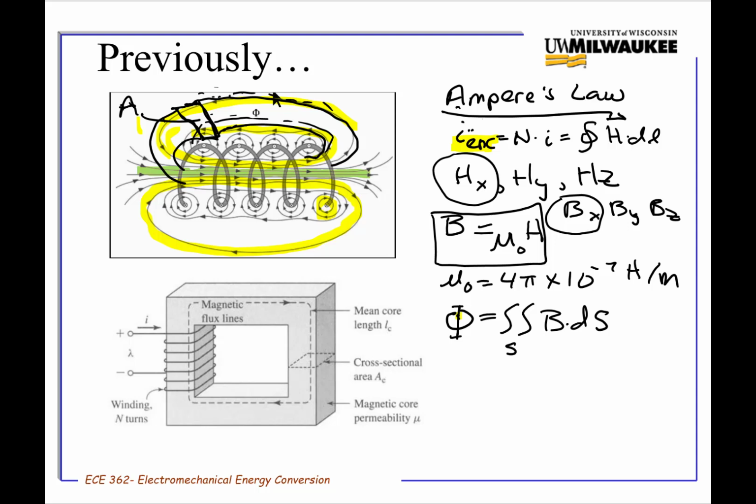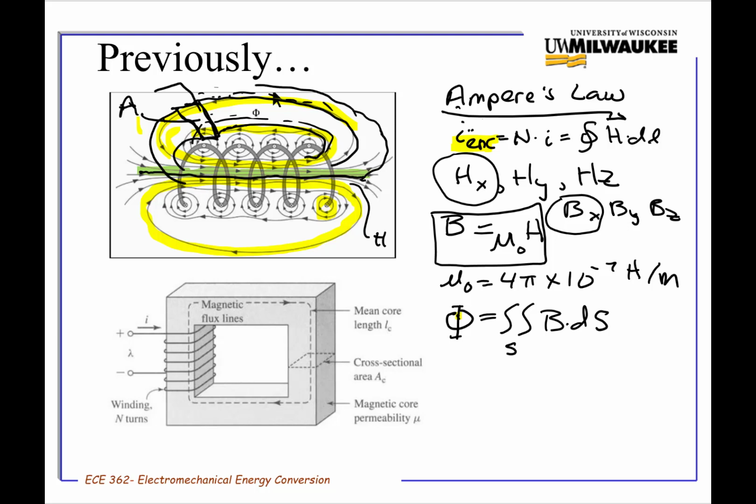And so we defined, let's say, the H as being in the center of the coil, and we say, okay, I'm going to pick one of these lines and say that's where I'm evaluating my H. Well, that line in the center comes back around.